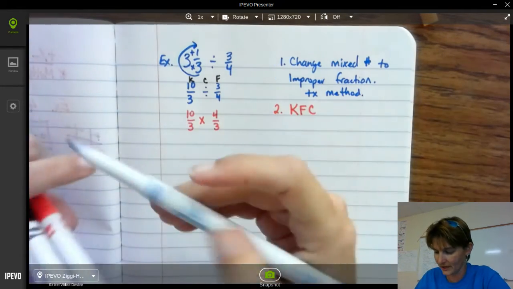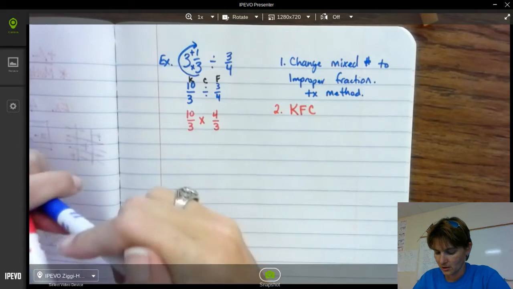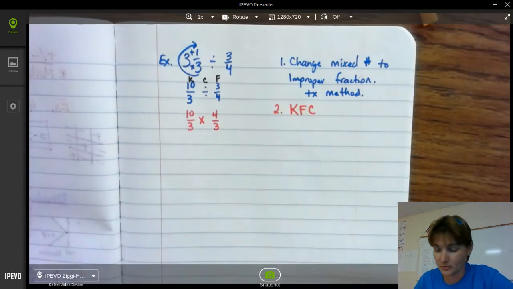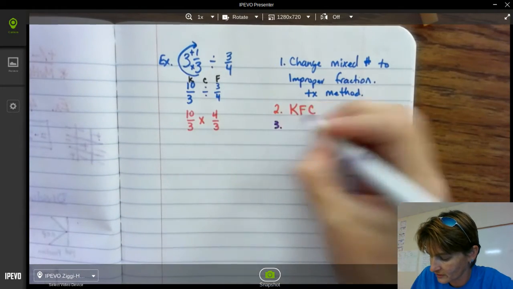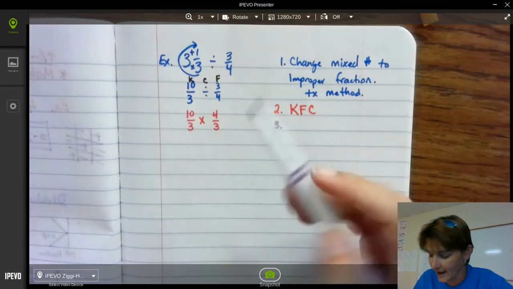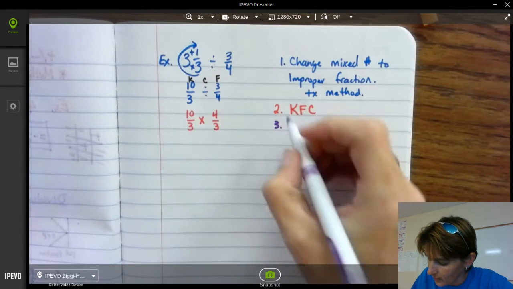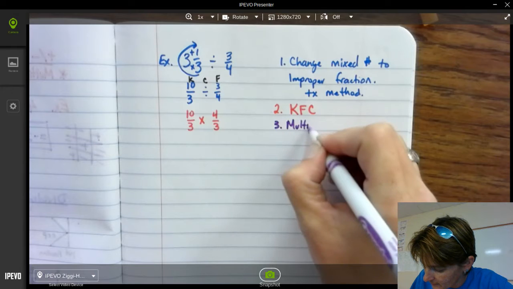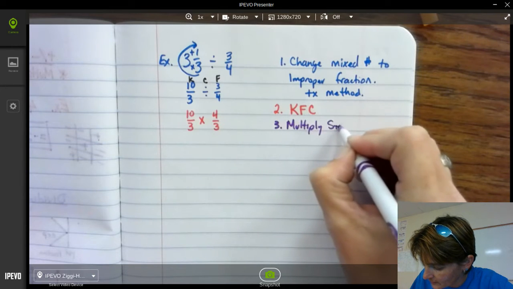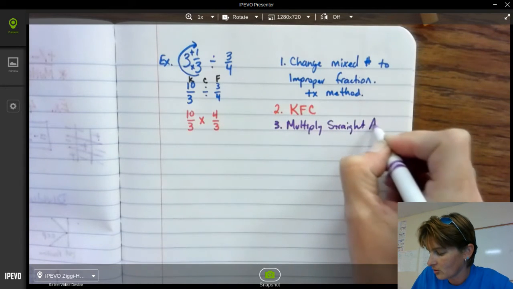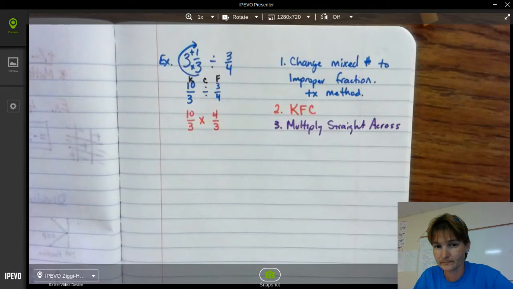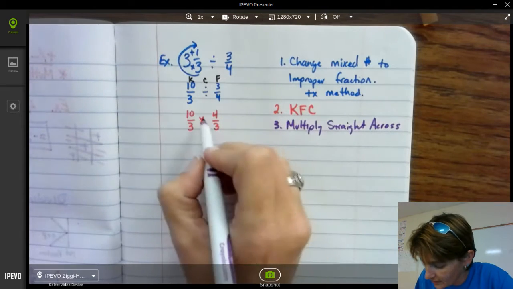Now that I have multiplication, I'm going to use my multiplication rules with fractions. Either reduce diagonally, don't think I can do that, or multiply straight across. So let's multiply straight across.